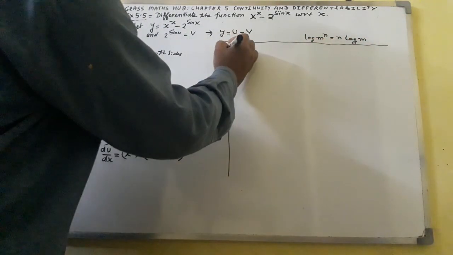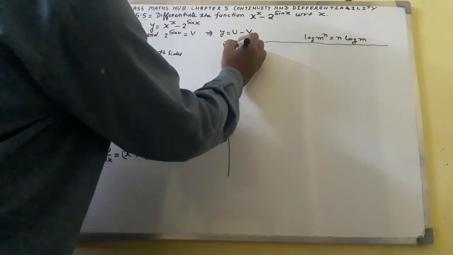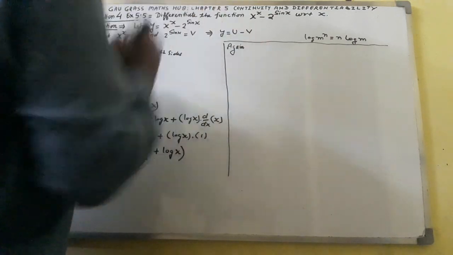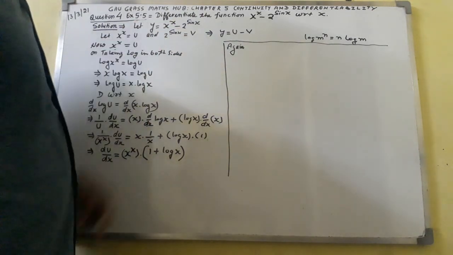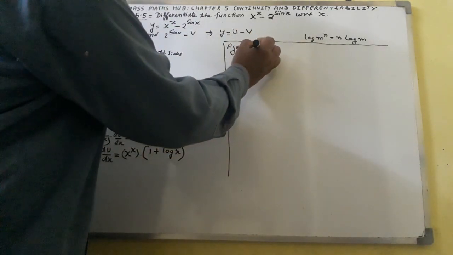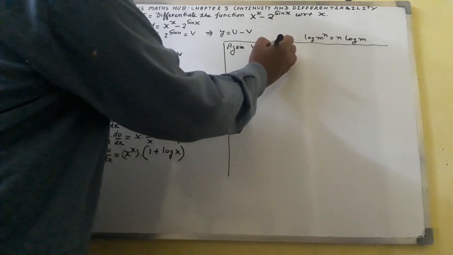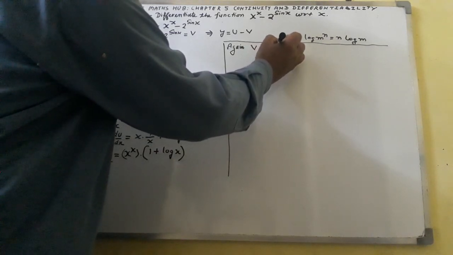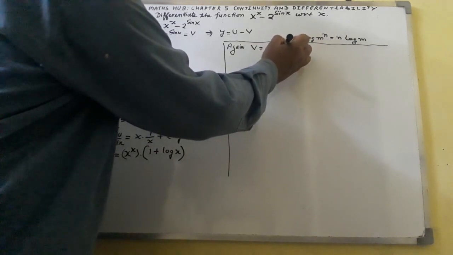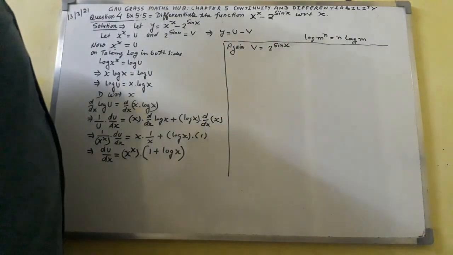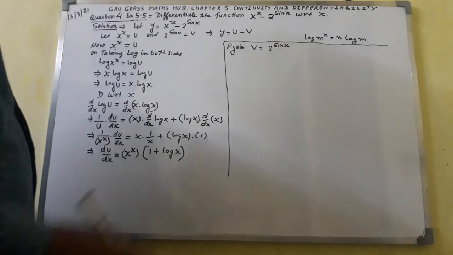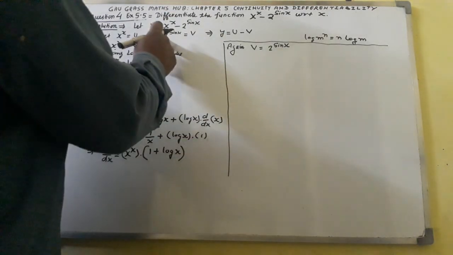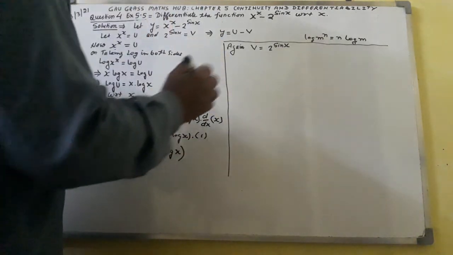Now again I shall take the second function v equal to 2 raised to power sin x. This thing I shall take. v equal to 2 raised to power sin x.